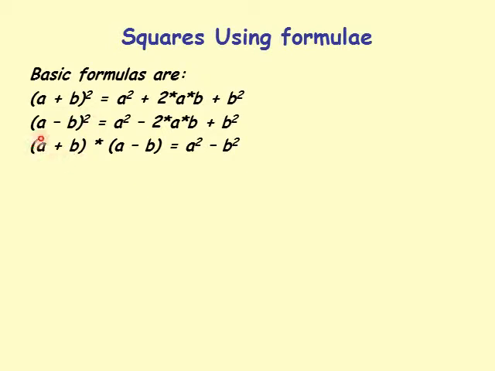Similarly, you can multiply a plus b times a minus b using vertical and crosswise multiplication to get the right-hand side. Using a formula usually means that we evaluate the left-hand side in terms of the right-hand side. In the third one, we will do a little manipulation. We will try to compute a squared using the rest of the terms in the equation.